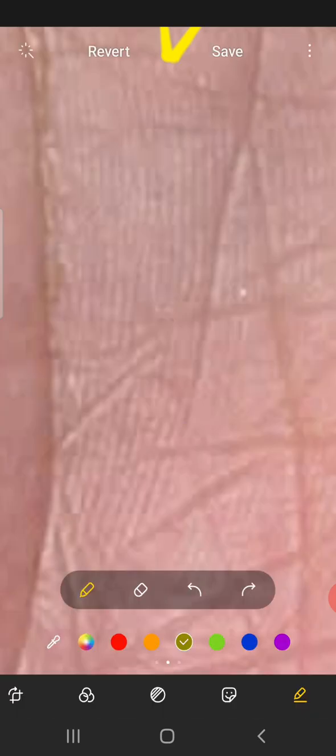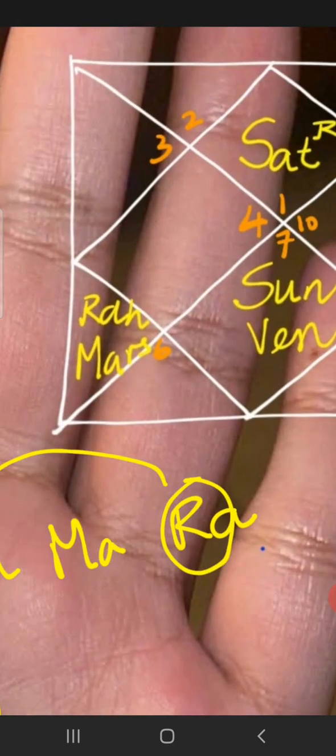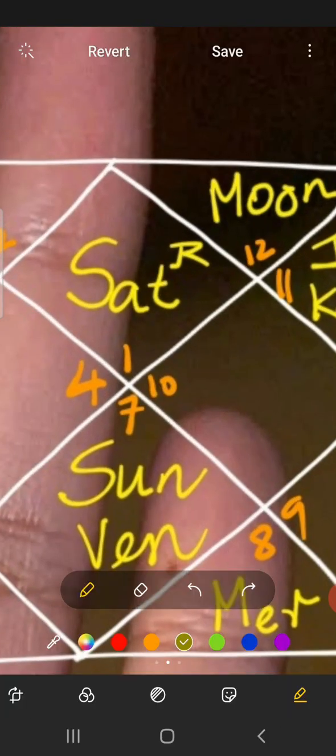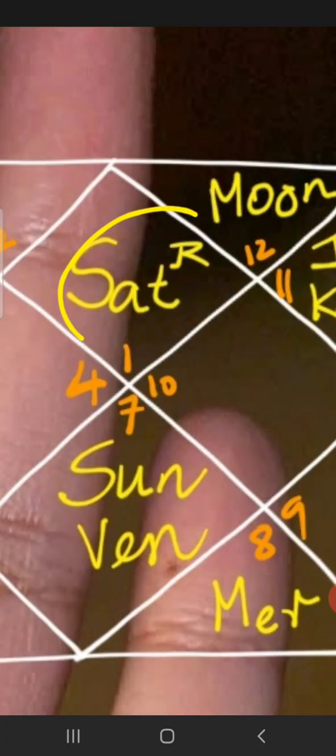Now, what are the predictions? What are we talking about here? When we look at the chart, this person's profession is really not picking up. She is 27 years old. So Shani is Vakri, but the Shani Rekha starts at 27.